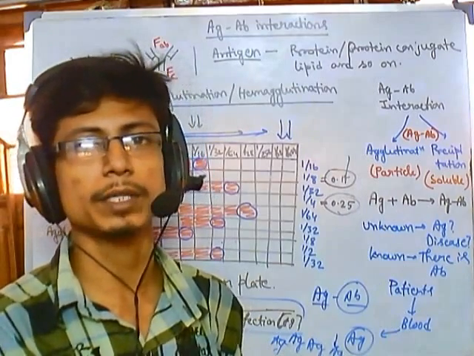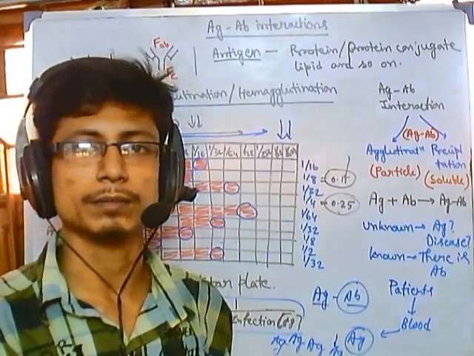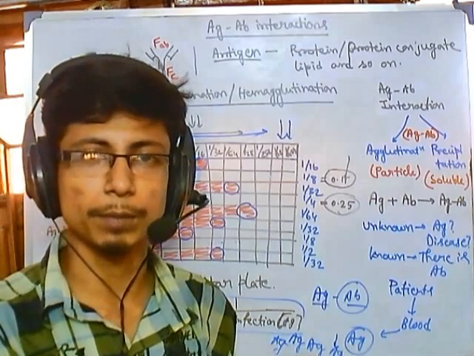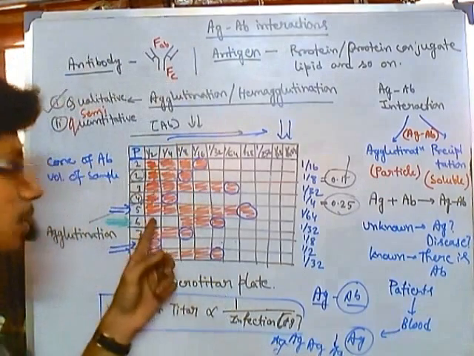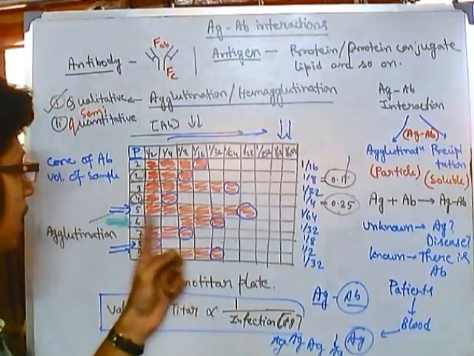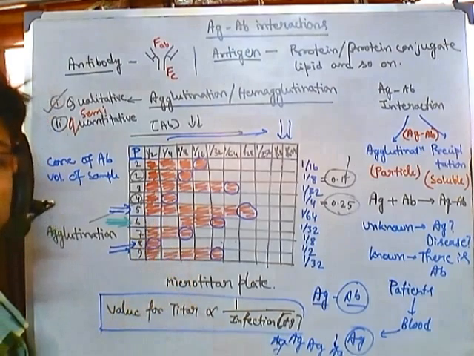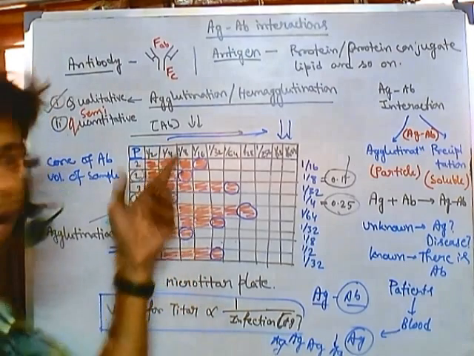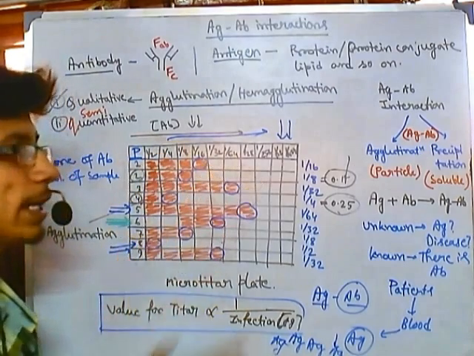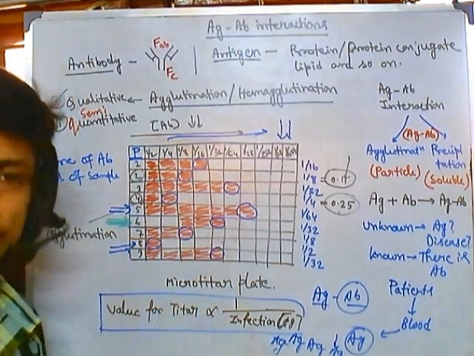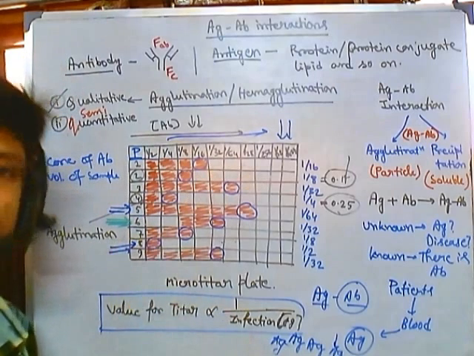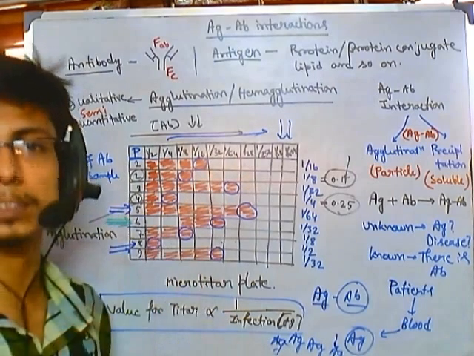We often end up with a very weak type of antigen antibody complex. So this is the possible explanation: in these two cases, the antibody concentration is so high that it won't provide any kind of lattice-like structure. That's why we haven't seen any agglutination. So this is a possible explanation.